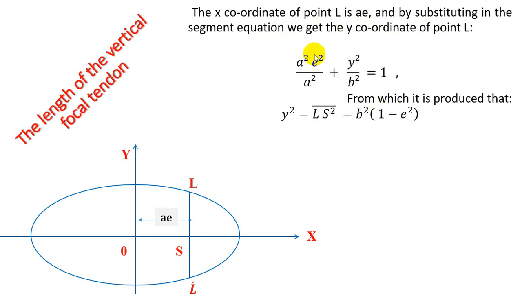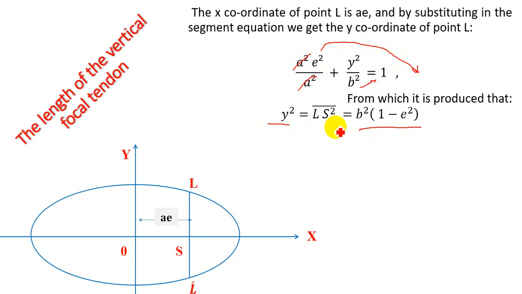So a squared goes with that, this one will be fixed outside, it will be minus, then multiply by b, so y squared will be equal to that.